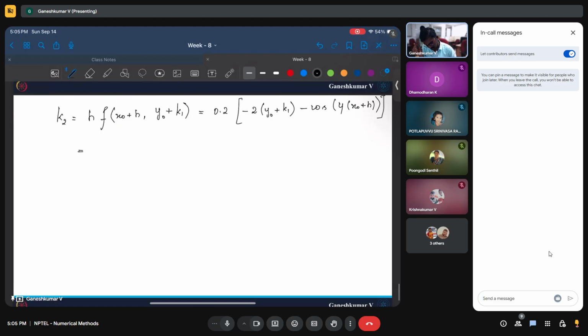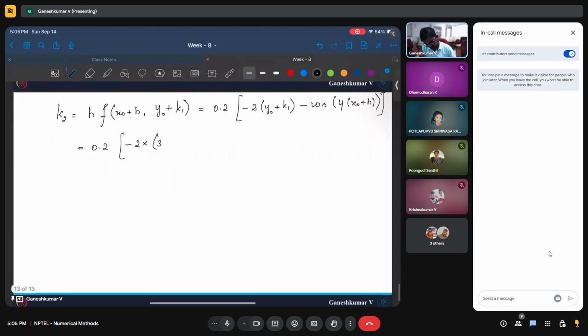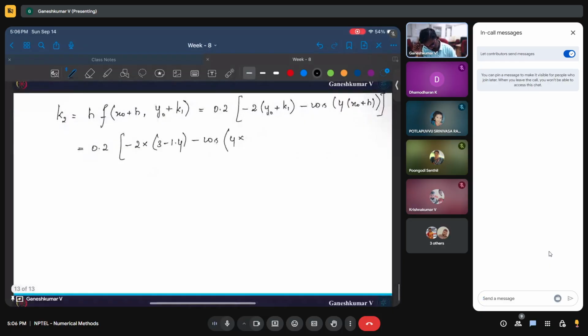This will be equal to 0.2 into minus 2 into 3 plus K1, which we just found to be minus 1.4, minus cos of 4 into x naught, which is 0, plus h, which is 0.2.